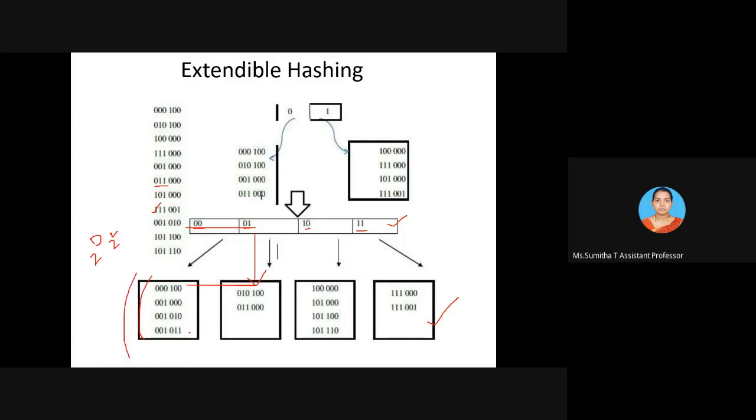Okay, once the leaf overflows, that means another element is coming, like 00011100, anything it may be. Okay, if I'm going to insert another element, 0011100, this element I'm going to insert. For that, I can insert here only, since the element starts with 00.